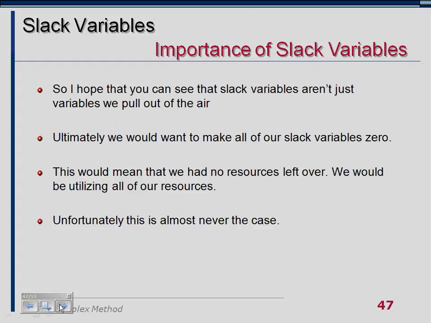So I hope you can see that the slack variables aren't just variables we pulled out of the air. Ultimately, we'd like to make all of our slack variables 0, because this means now you're utilizing all of your resources. But this is almost never the case, so then you can do a post hoc analysis and say, well, is there any way we can trade board feet for a few more finishing hours?